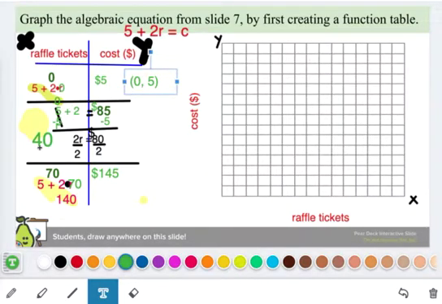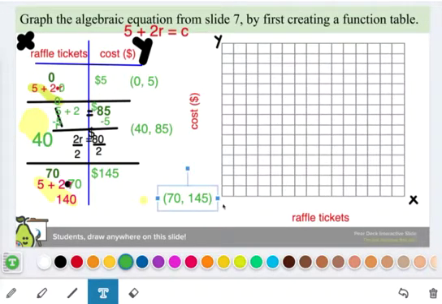Here it is 40 tickets for $85. And then here you got 70 for $145. Right here. So you need to graph this.